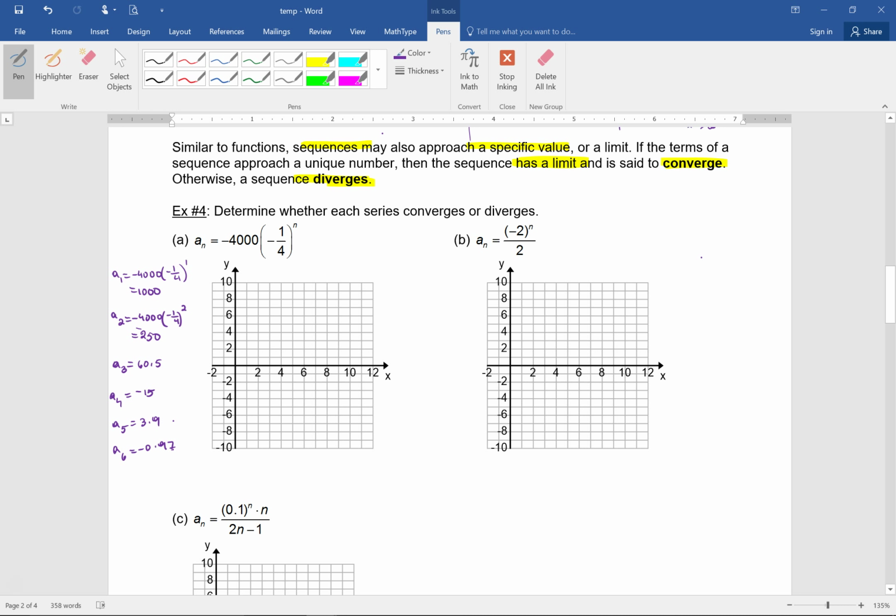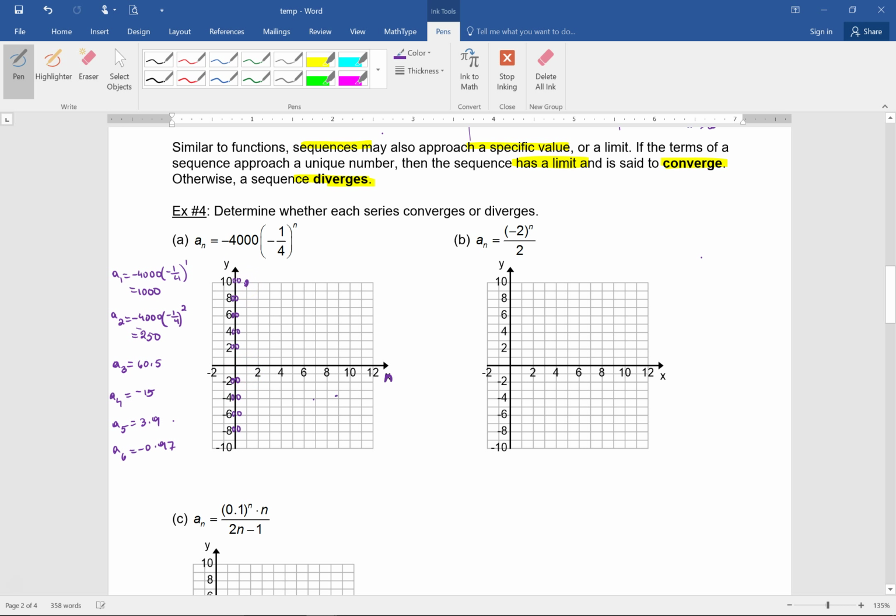So what we're going to do now is graph these, and I'm going to change these. I'm going to make this 1,000 and 800, 600, and so on. All right, so now we graph. When n equals 1, A is 1,000.